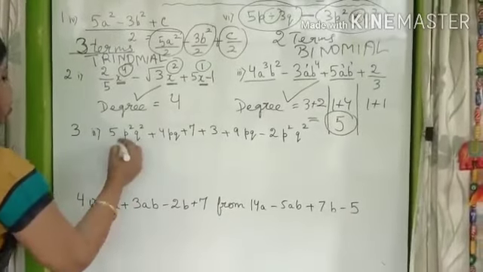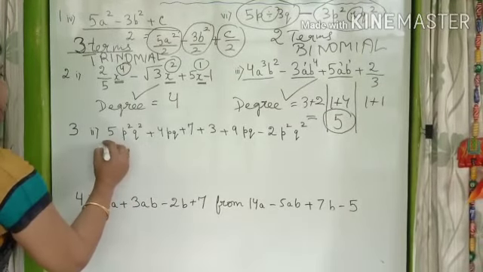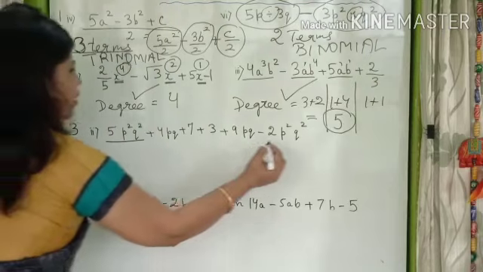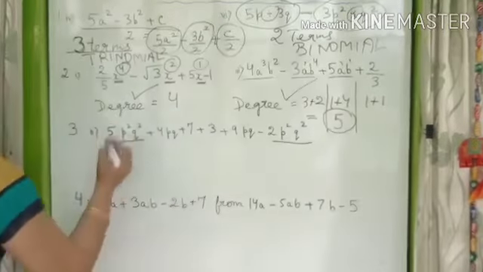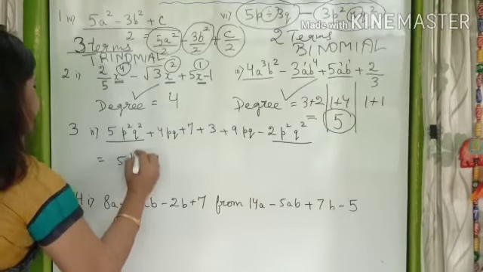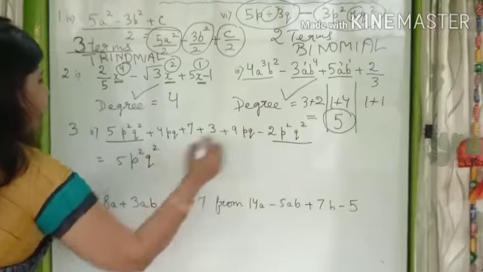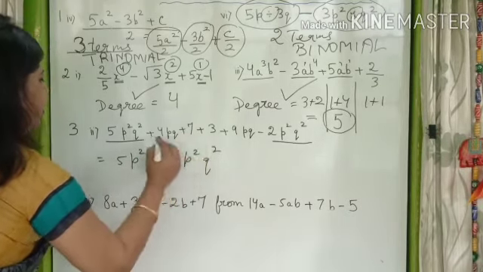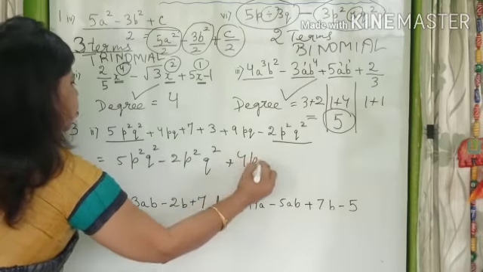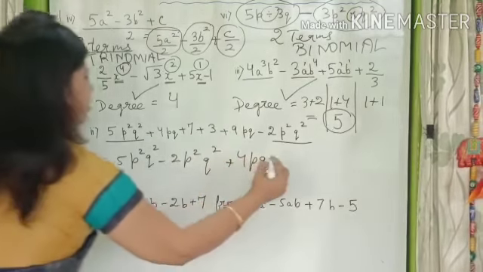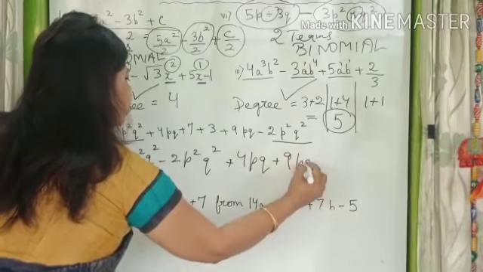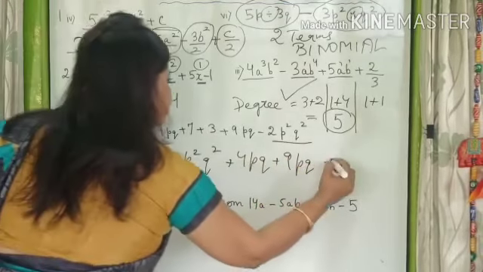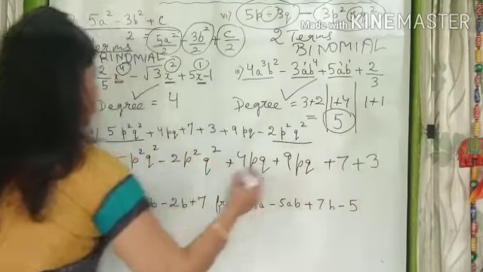As I have told you, chalk out the like terms. p^2q^2, p^2q^2. So let me write 5p^2q^2 minus 2p^2q^2 plus 4pq here plus 9pq. Now the numbers plus 7 plus 3.